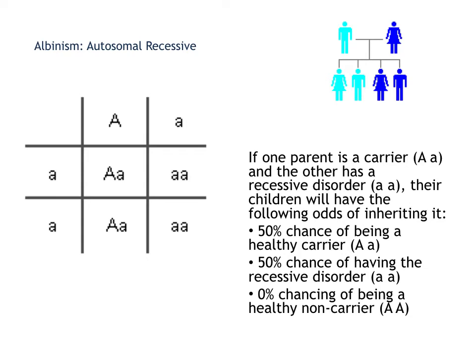So we set up our Punnett square for an autosomal recessive cross between a heterozygote and a homozygote. What we have here is the mom's genes across the top, a big A and a little a. So her gametes, or her eggs, can either be a big A or a little a.